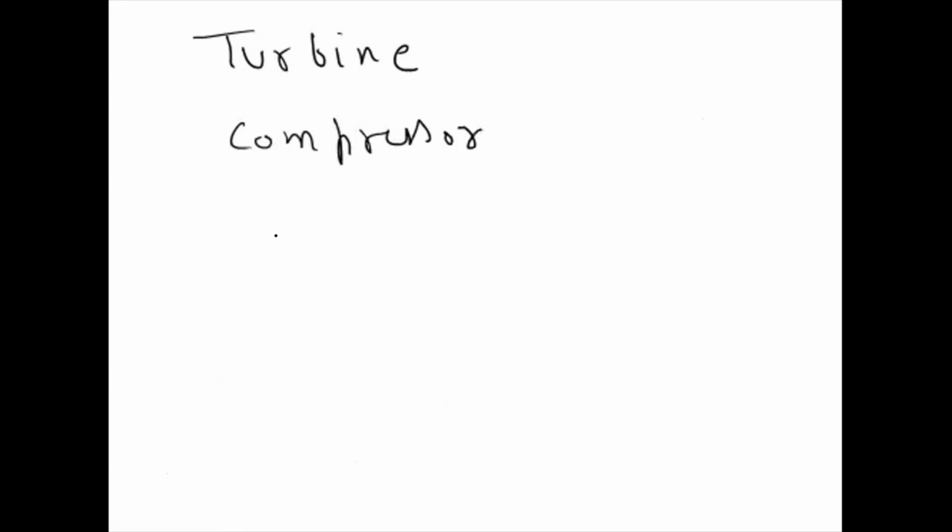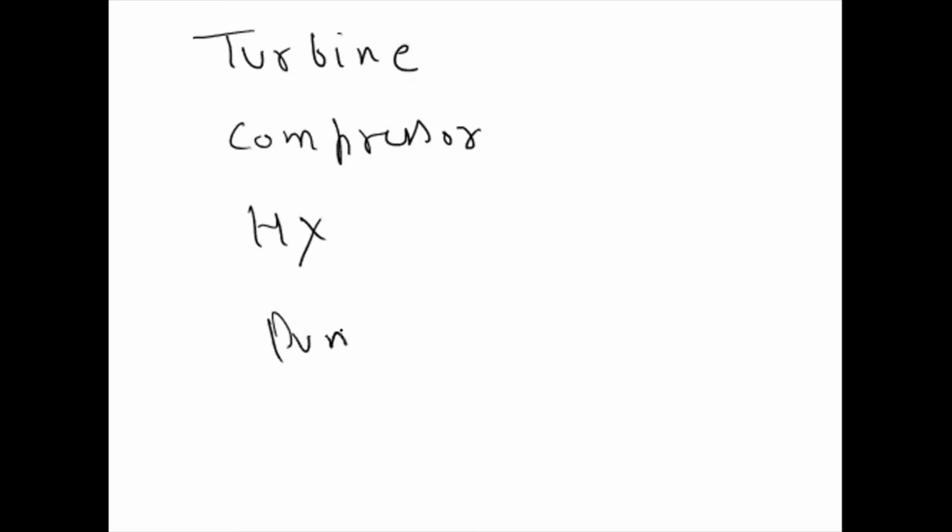The open system has lots of examples. Let's say we have a turbine. A turbine is a good example of the open system. A compressor is again a good example of the open system. A heat exchanger is a good example of the open system.